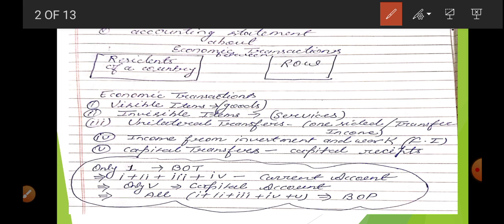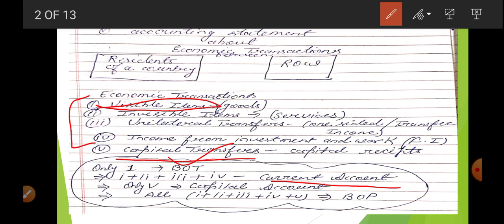Okay, now in the last topic we had discussed that the first, that is visible item, is known as balance of trade. Okay, and these four, that is visible item, invisible, unilateral transfer and factor income, are known as current account.